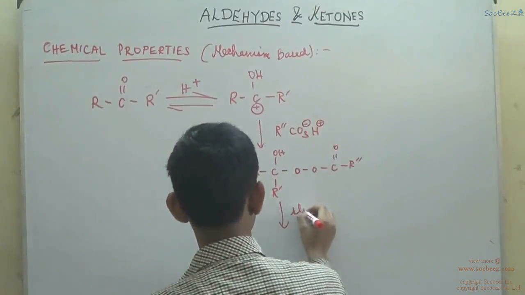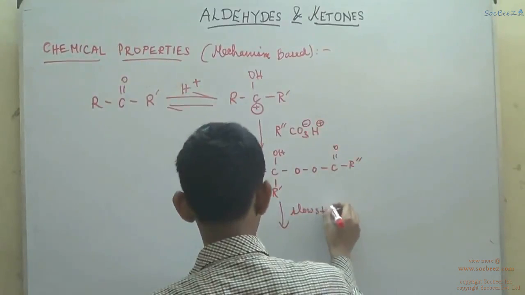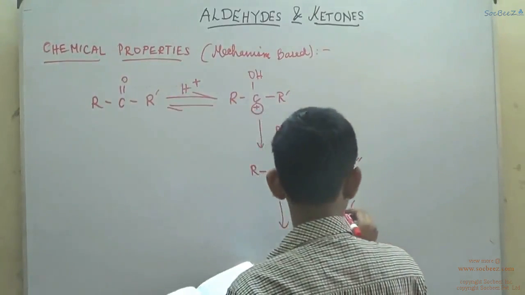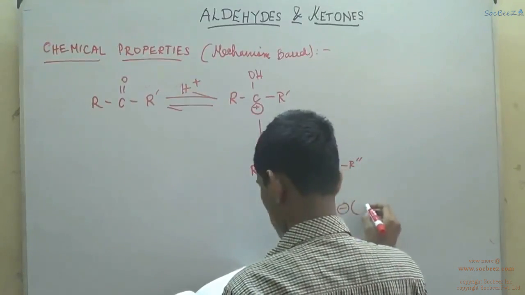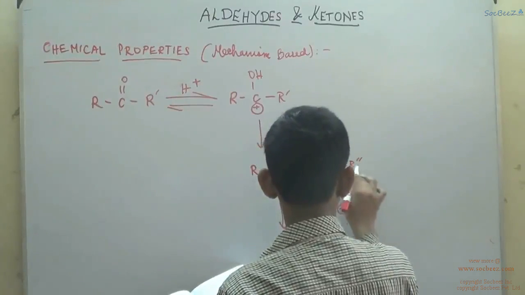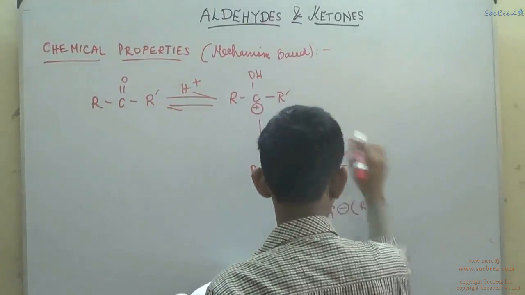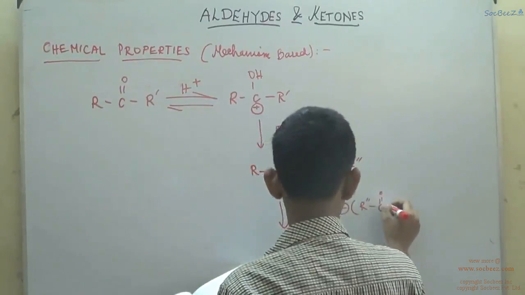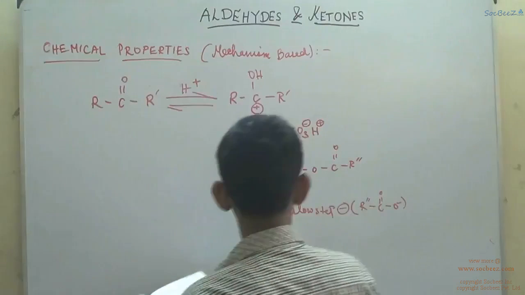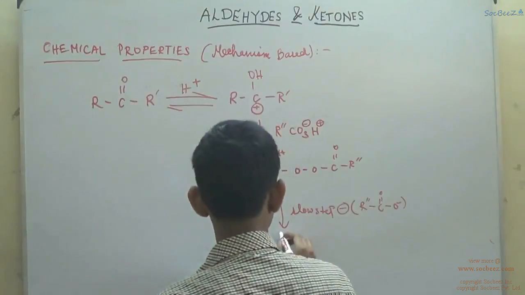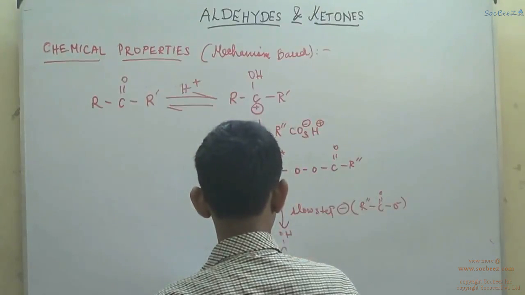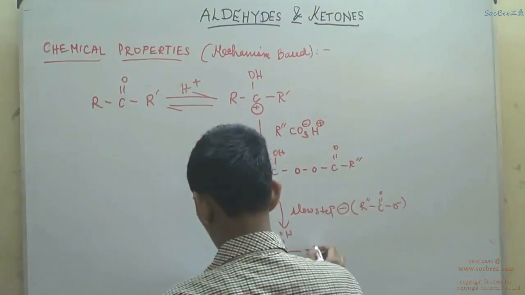Now this is the slow step of the reaction. You lose this one, so you are left with R C O H R prime O plus.